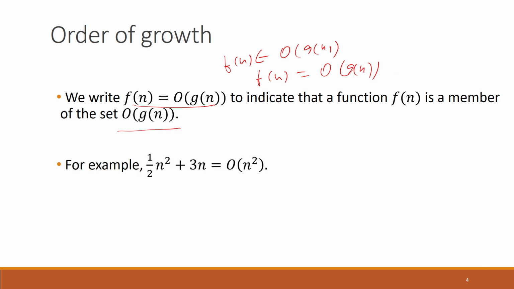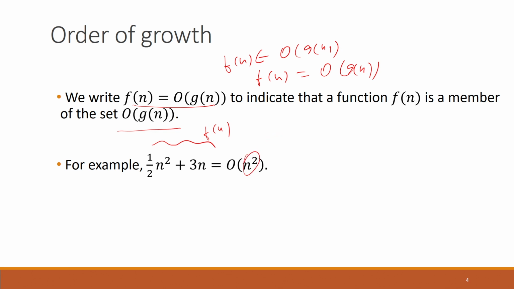Now, let us try to understand this through an example. Let fn be equal to half n square plus 3n, and let gn be n square.